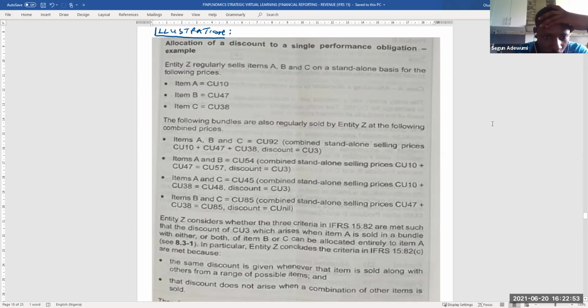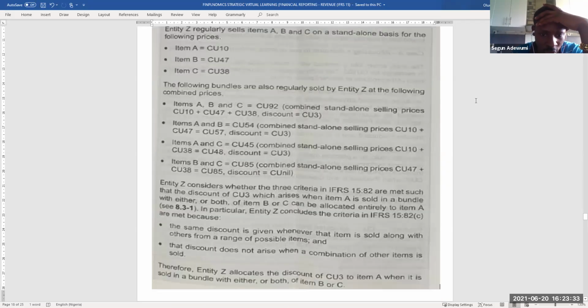Entity Z considers whether the three criteria in IFRS 15 paragraph 82 are met, such that the discount of 3 CU, which arises when item A is sold in a bundle with either or both of item B or C, can be allocated entirely to item A. In particular, Entity Z concludes the criteria in IFRS 15 paragraph 82 are met because, one, the same discount is given whenever the item is sold along with others from a range of possible items, and two, the discount does not arise when a combination of other items is sold.